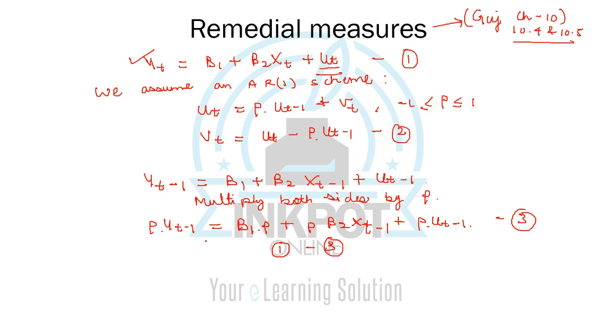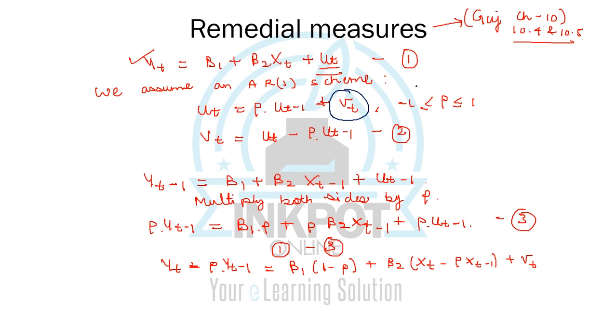So it becomes yt minus rho times yt minus 1 equals b1 times 1 minus rho plus b2 times xt minus rho times xt minus 1 plus vt.